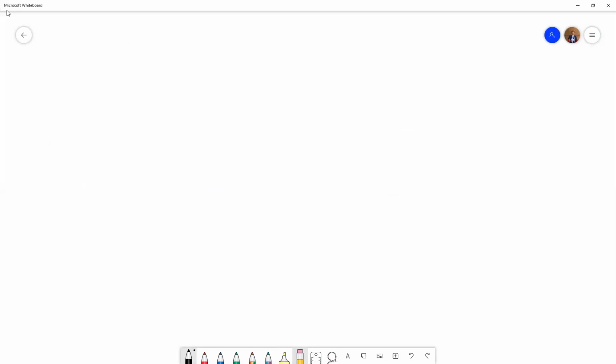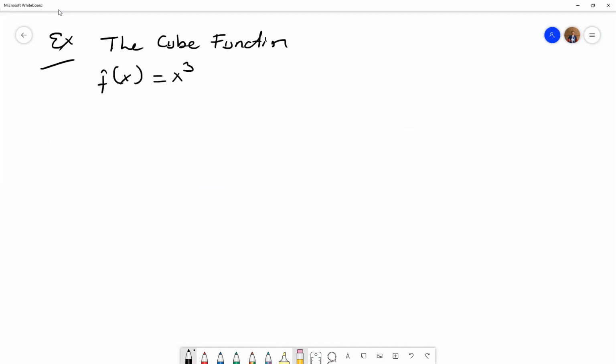Now we have the cube function. f(x) is equal to x cubed. You may easily find the domain. Domain is again real numbers, and range of f is also real numbers. And we saw that the power is odd, so this function is odd.